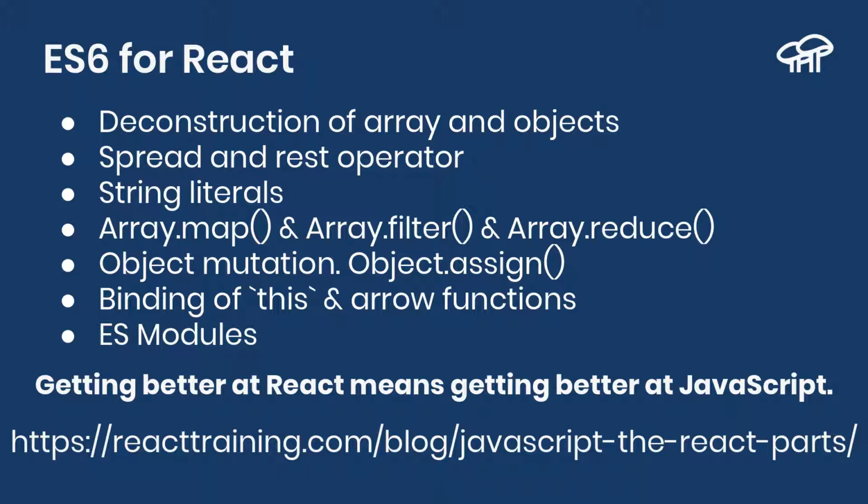But the truth is that because React uses core JavaScript constructs, the better React developer you become means that you are getting better at JavaScript itself. And if at some point you want to move to another project, library, or just write core JavaScript, you have learned a lot already. React uses some functional programming concepts as well, which is very interesting.